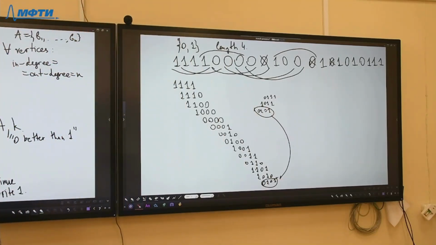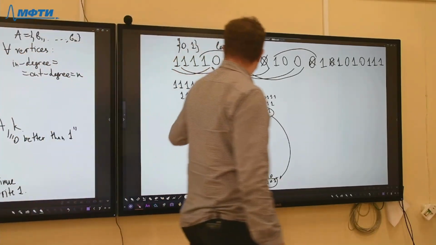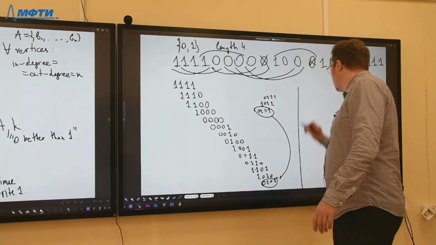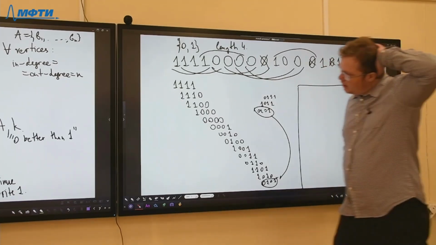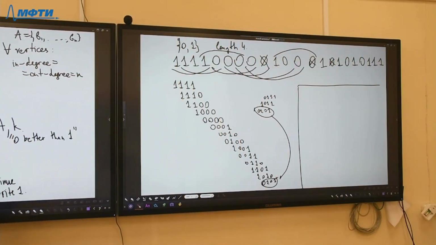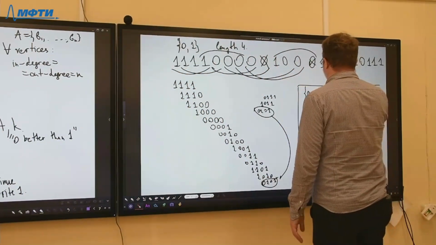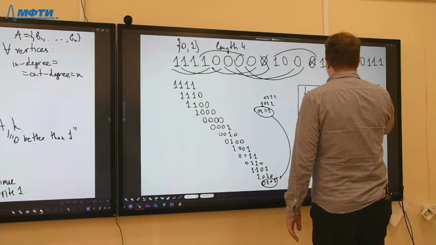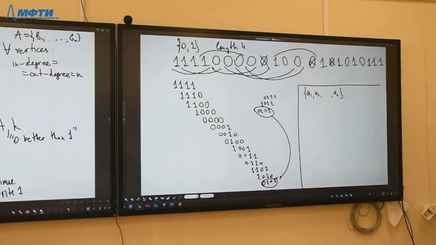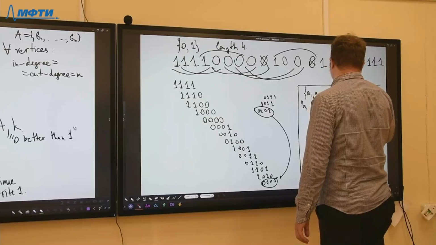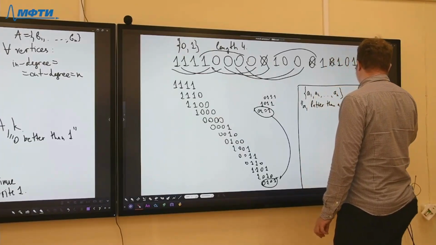So for 0, 1 and length 4, the algorithm worked. And of course, if you have more letters, not 0 and 1 but letters like A1, A2, up to AN, we need to order them. We use the rule A1 better than A2, then A3, and so on.